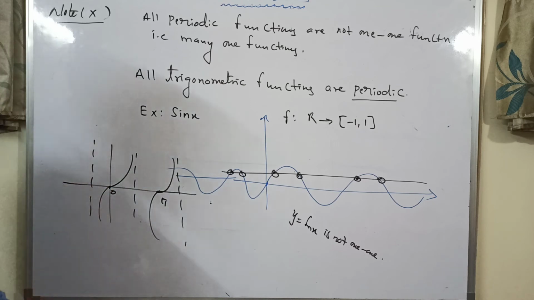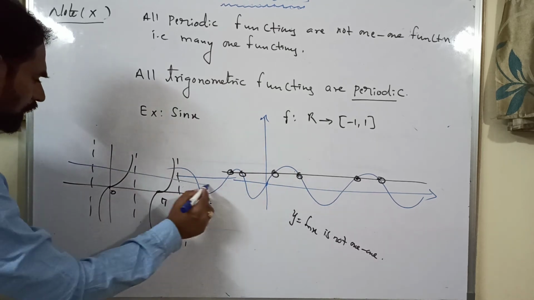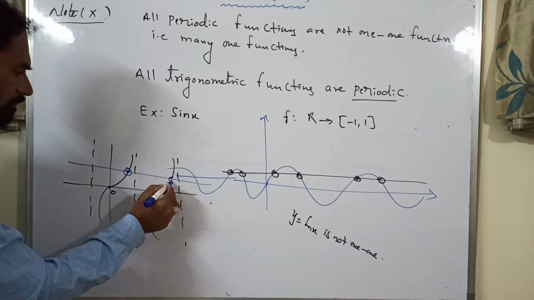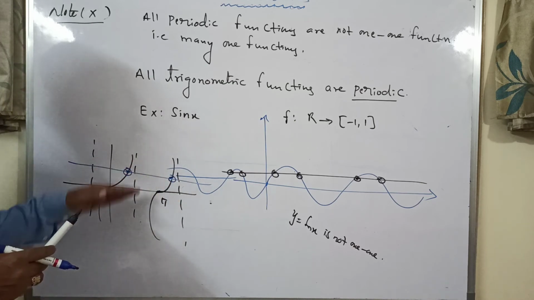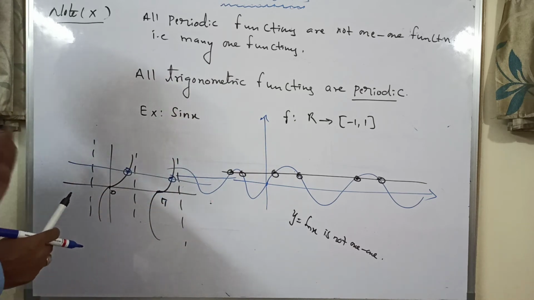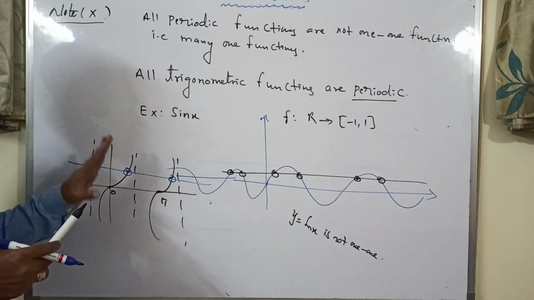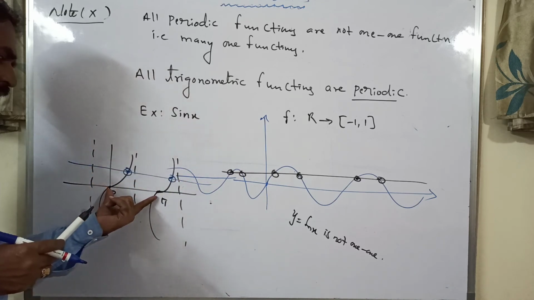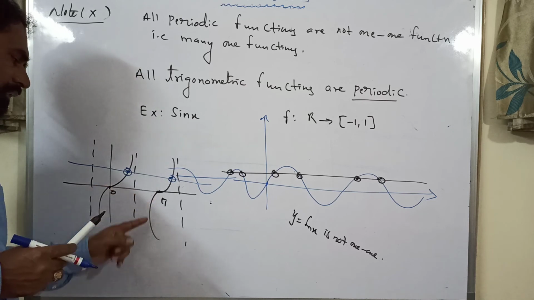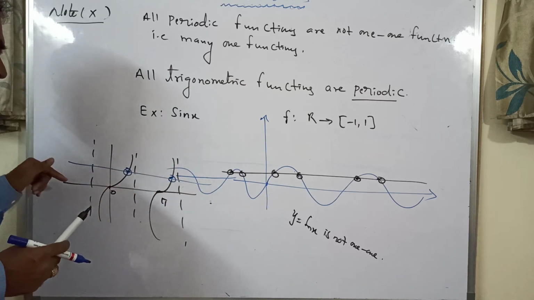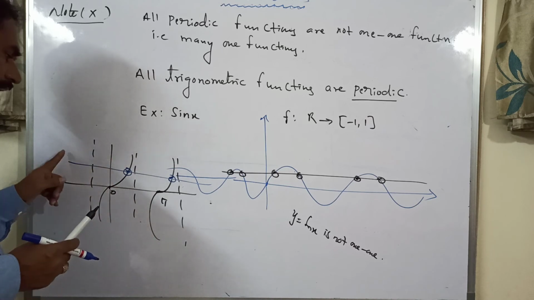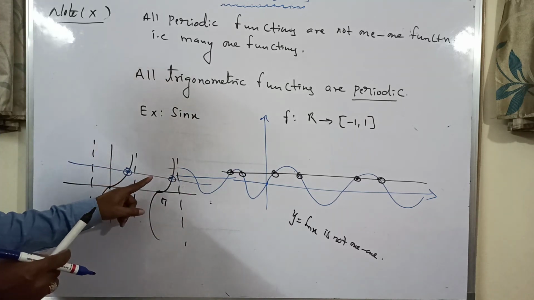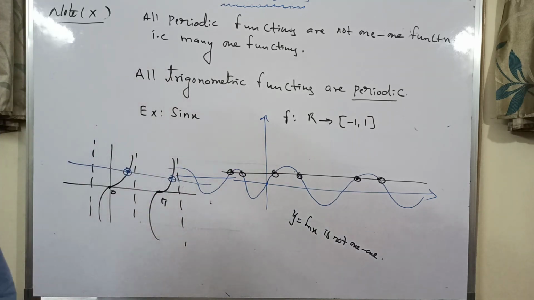If you draw a horizontal line, it meets the graph at 2 distinct points. It's not fixed, it is always repeating. Therefore this function is called periodic. The same graph repeats in an interval of length pi, 0 to pi. So this is a periodic function, but it is not a 1-1 function because the horizontal line test failed.